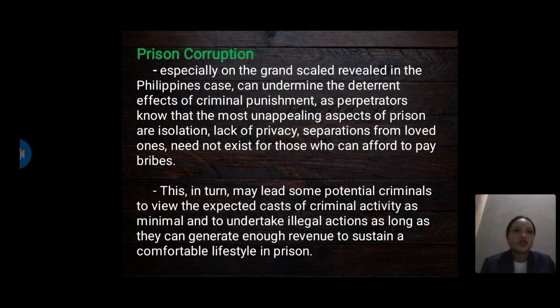So prison corruption, especially on the grand scale revealed in the Philippine case, can undermine the deterrent effects of criminal punishment, as perpetrators know that the most unappealing aspects of prison, isolation, lack of privacy, separation from loved ones, need not exist for those who can afford to pay bribes.